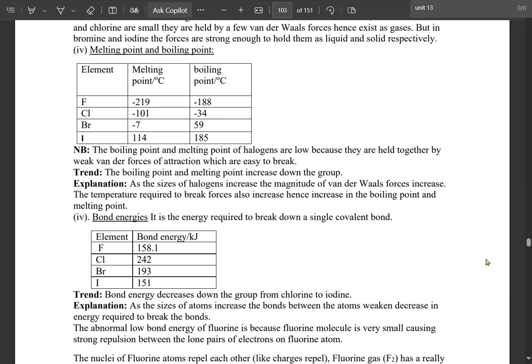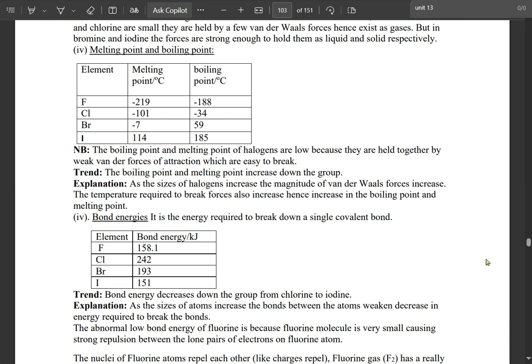So here is the trend between these energies. The bond energy decreases down the group from chlorine to iodine. As the size of atoms increases, the bonds between the atoms weaken, and the energy required to break the bonds decreases.